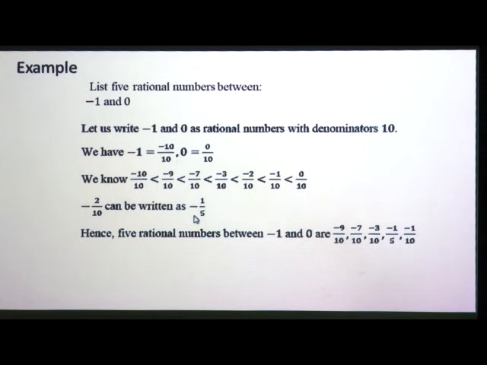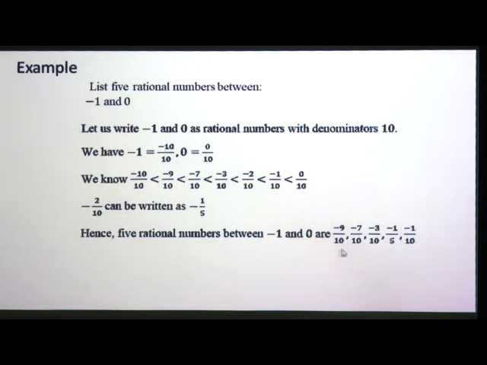It is in the simplest form. Hence, the 5 rational numbers between -1 and 0 are -9 upon 10, -7 upon 10, -3 upon 10, -1 upon 5 and -1 upon 10.